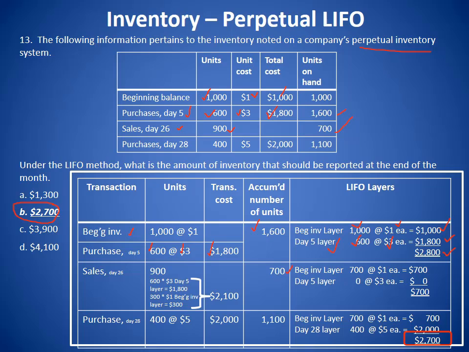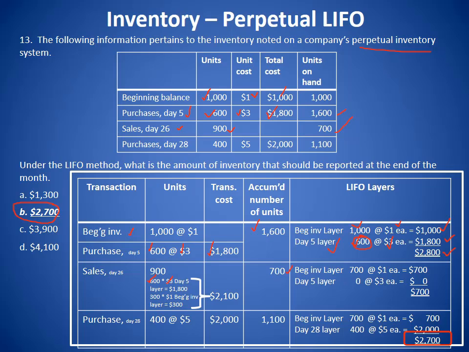So I look at my last layer, which in this case is layer 5. Layer 5 has 600 units at $3 a unit. So I'm going to, in effect, liquidate the entire layer 5 because I need those 600 units to cover my sales. So it's 600 units times $3 in day 5.